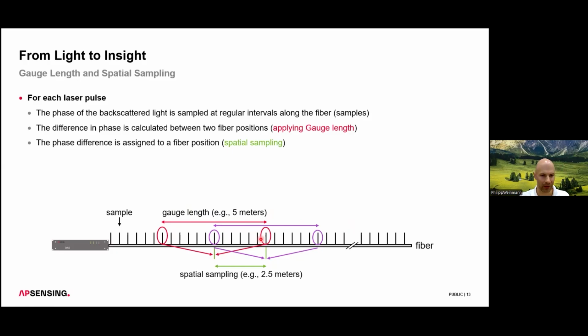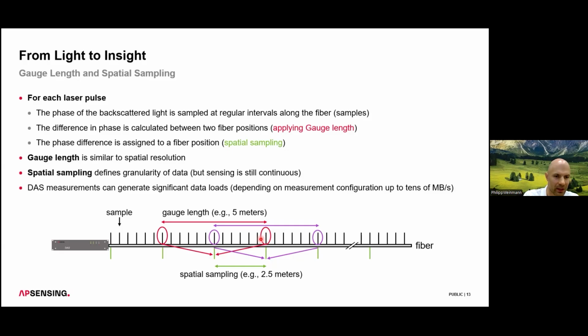Depending on the fiber length, you can have higher or lower pulse rates. If you have shorter fiber lengths, then you can go very high with your pulse rate. And for every laser pulse, we are saving all this data. That means that depending on your measurement configuration, you can end up with a very high data load.